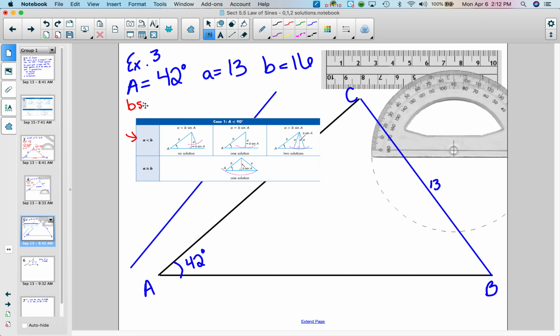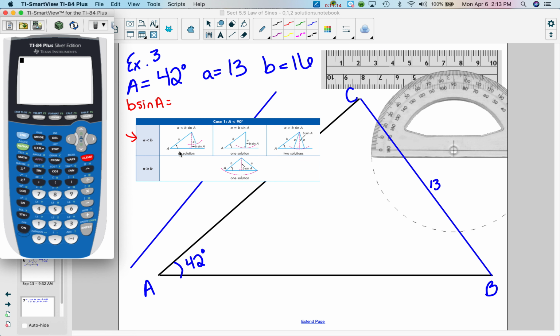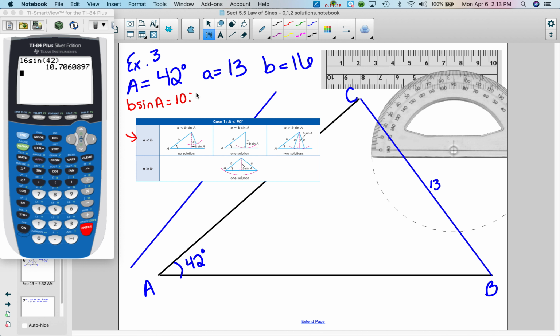I'm going to take the time to figure out B sine A. So we have 16 times sine 42, and I get 10.7 approximately, and I compare that to A. Well, A is 13, so 13 is greater. Notice that puts me at 2 solutions. So that's how you test for it.